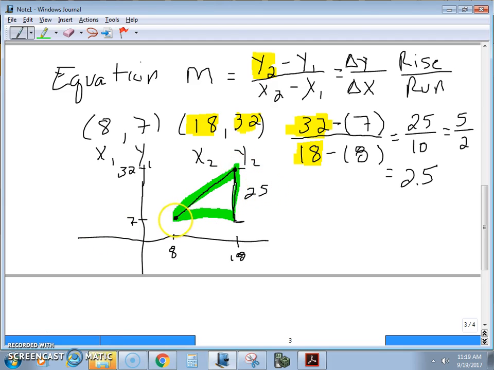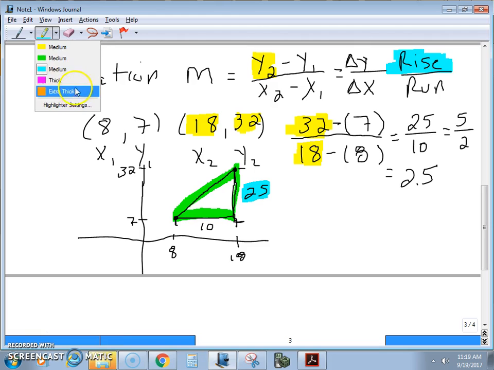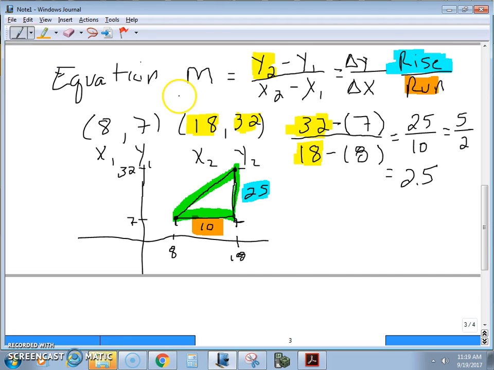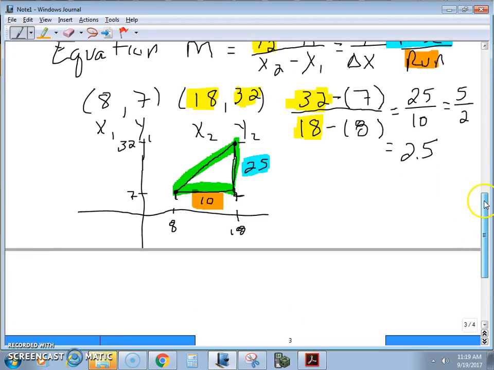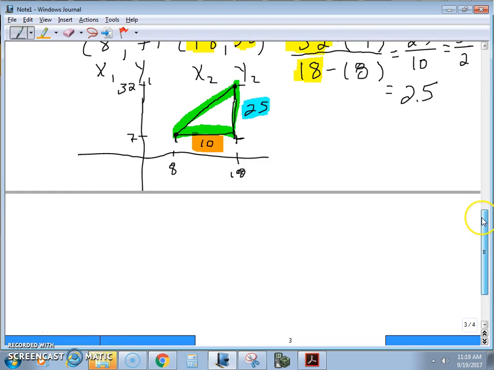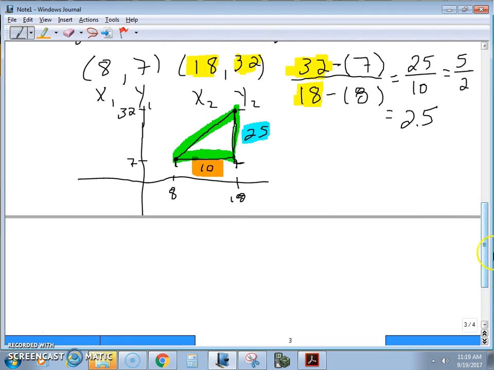And to get from 8 to 18, we have to go to the right 10. So that's where we get our rise over our run. That's what it looks like in a graph.